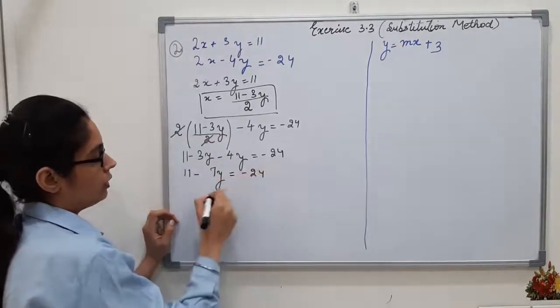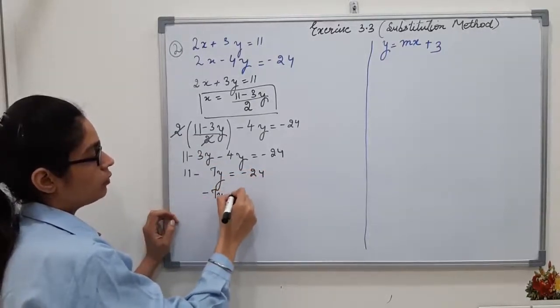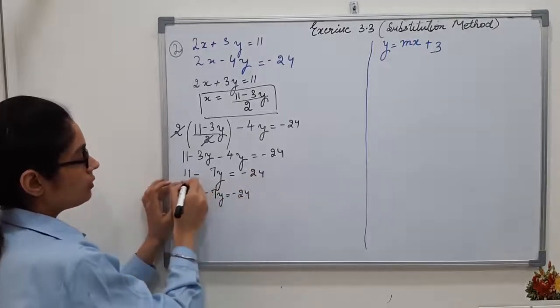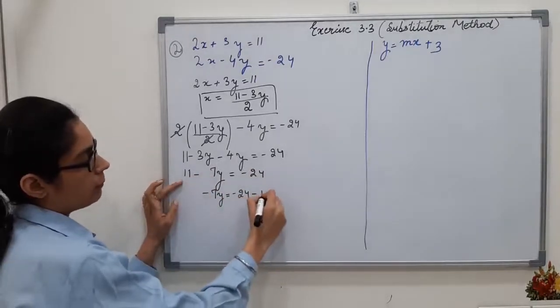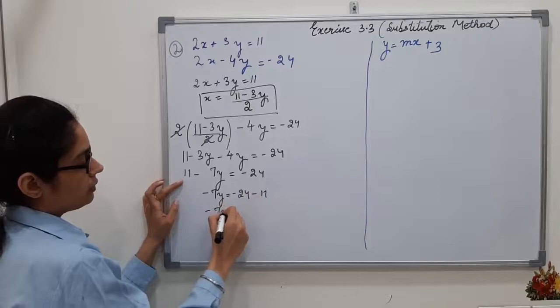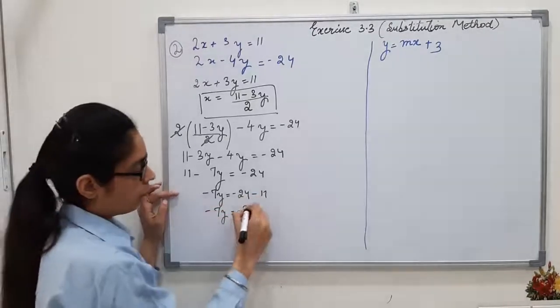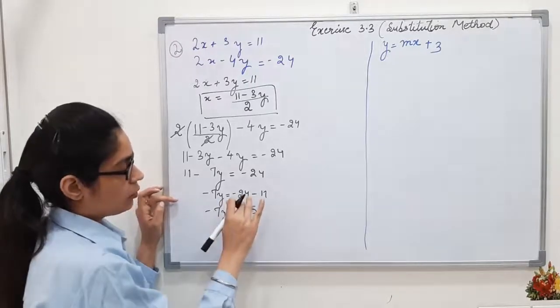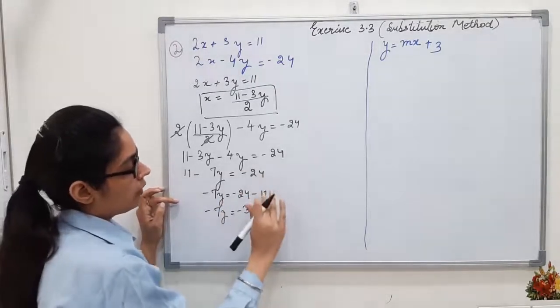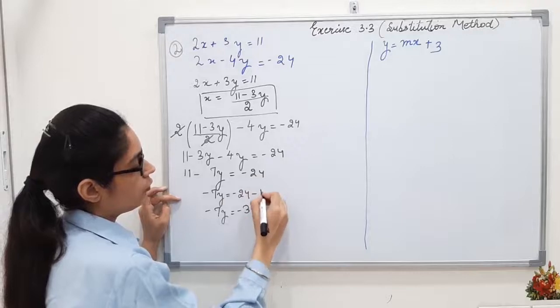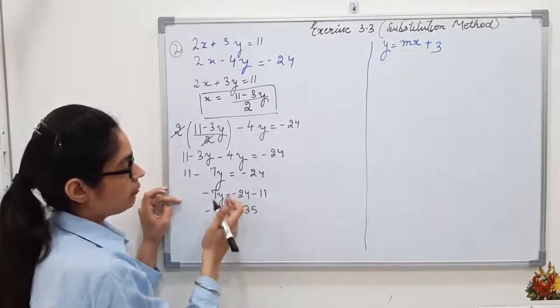Minus 7y is equals to minus 24. This 11 on shifting to other side will become minus 11. Minus 7y is equals to minus 24 minus 11. 24 plus 11 is 35 with a sign of minus.